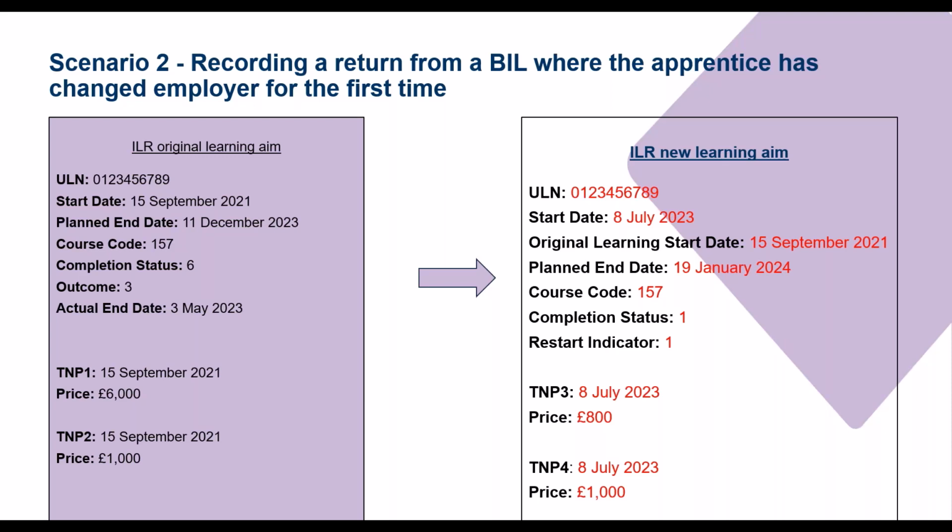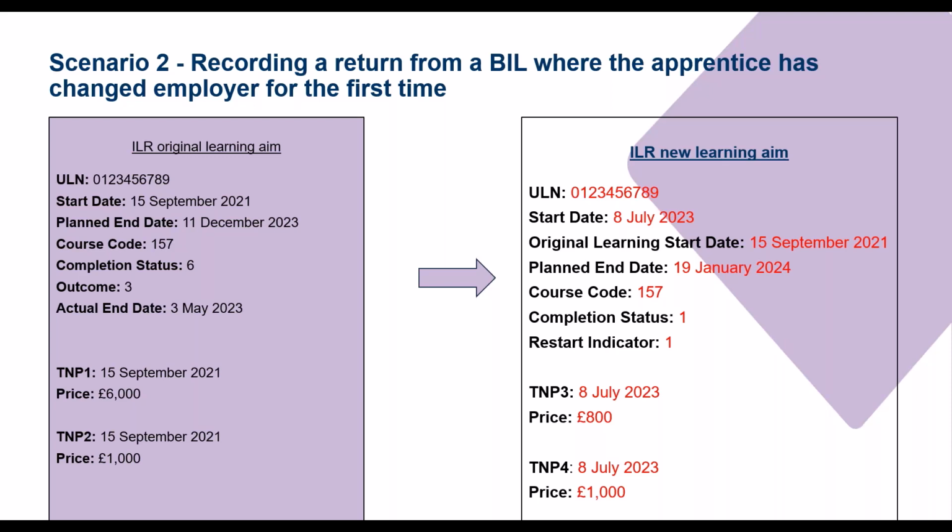Again, as before, we record the new learning start date, the original learning start date, the new planned end date, and again the completion status in this new learning aim goes back to a 1, and as before we record the restart indicator. And in terms of TNP records, this time we must record the remaining costs that have been agreed with that new employer at the point the apprentice changed employer.